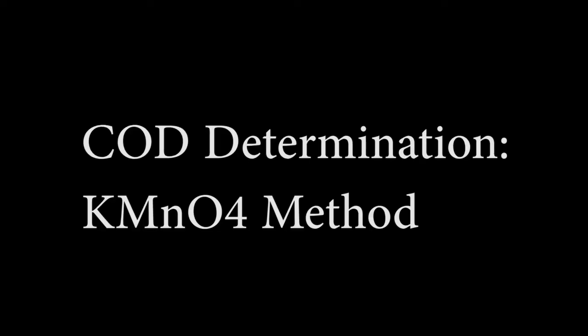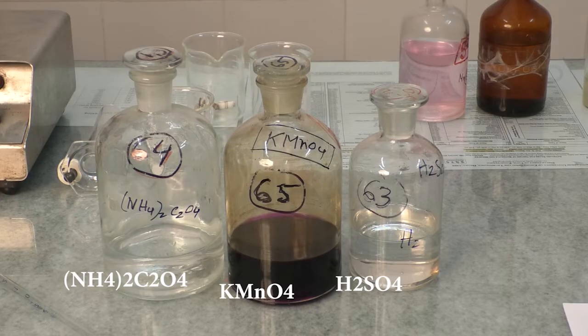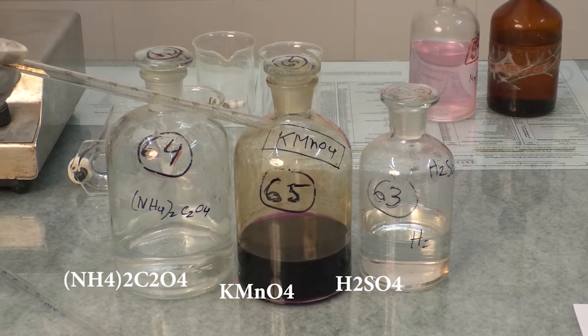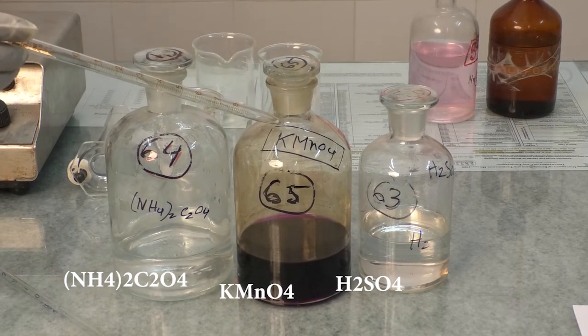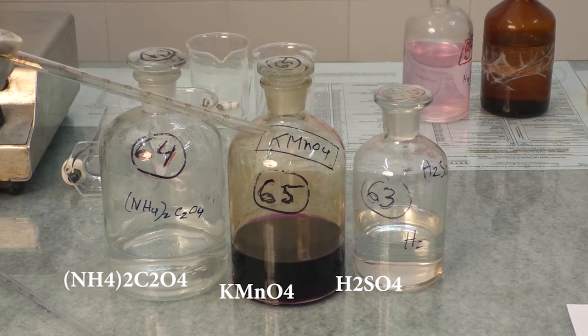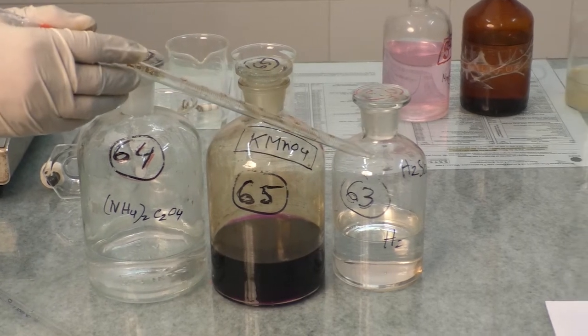Now we will show you how to determine chemical oxygen demand, or COD, of a water sample. First we will show you the COD that is determined by potassium permanganate. To determine COD, we will need diluted sulfuric acid solution, standard potassium permanganate solution and standard ammonium oxalate solution.